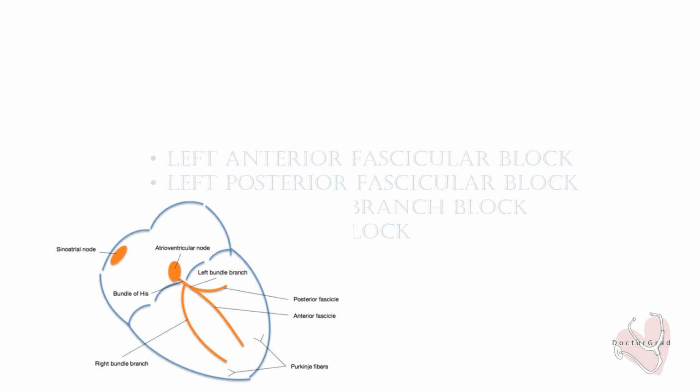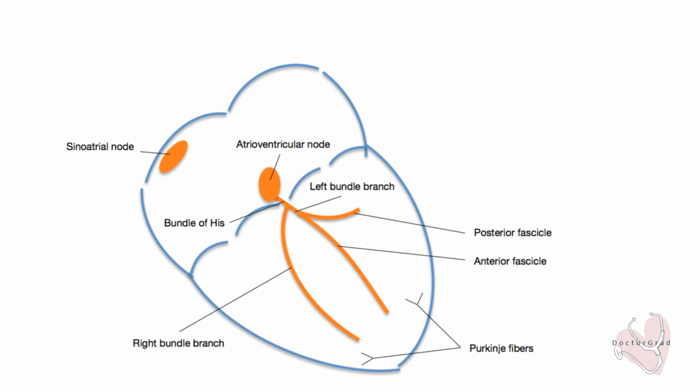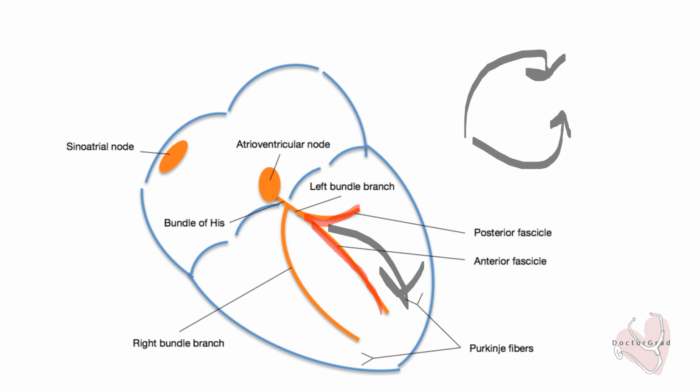So this is our anterior fascicle and this is our posterior fascicle. So you can see the direction, right? The posterior fascicle conducts like this, the anterior fascicle conducts like this.